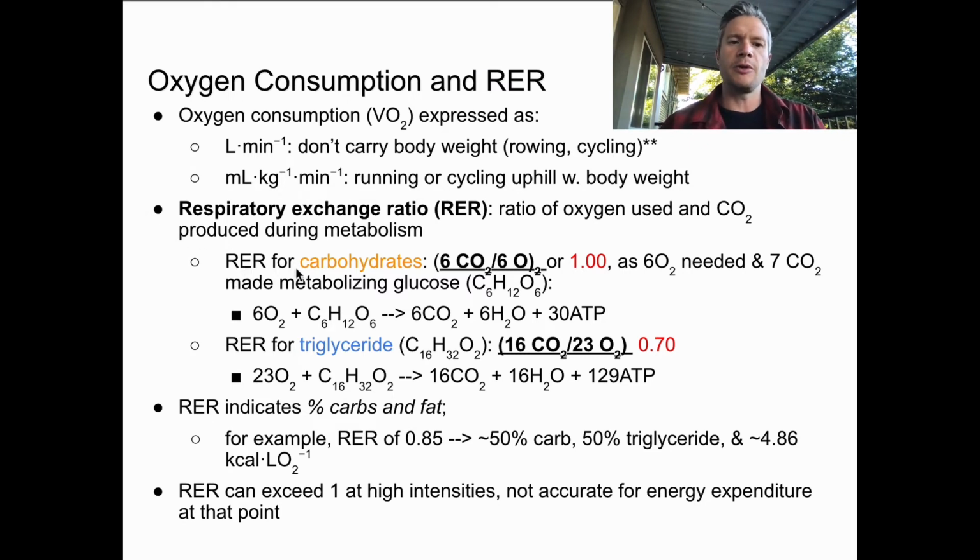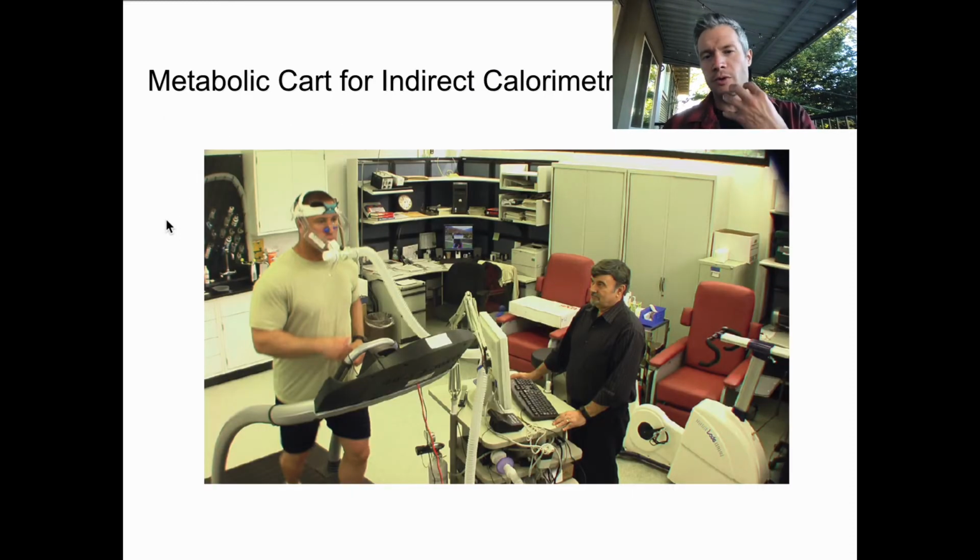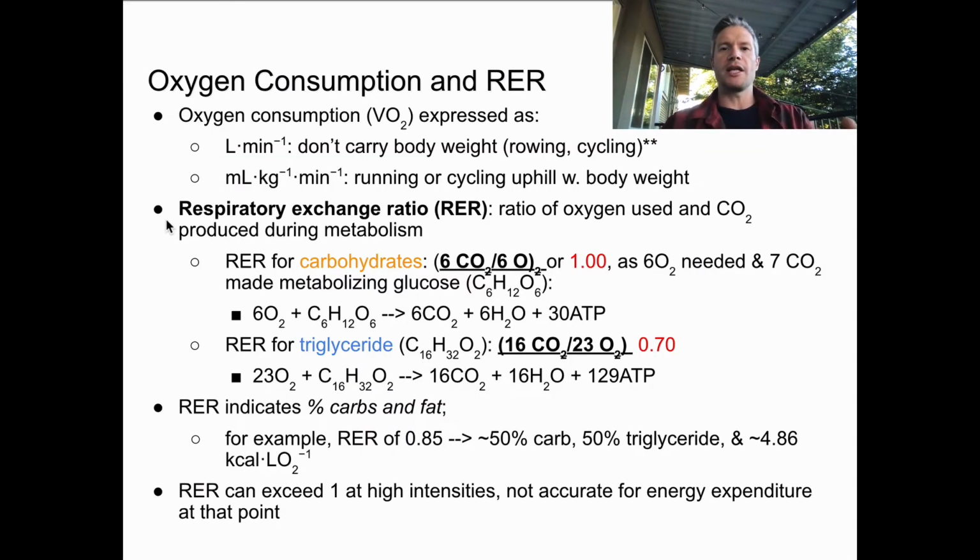But let's look at two things. We'll look at our respiratory exchange for carbohydrates and triglycerides, because that's where our main metabolic substrates come from to make energy, right? So again, putting it back in context for the mouthpiece, we're trying to look at how much oxygen we can take in, which will be at the bottom of this ratio.